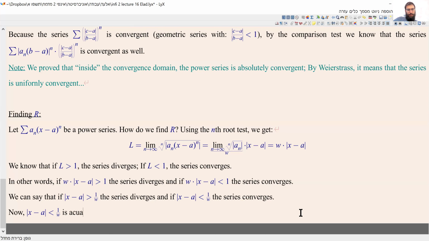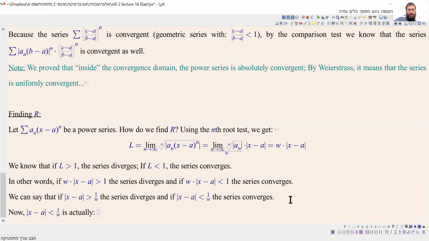It's actually saying that a minus 1 above W and a plus 1 above W are bounding x from both sides. And of course, x minus a in absolute value greater than 1 above W means that x is greater than a plus 1 above W, or is less than a minus 1 above W.